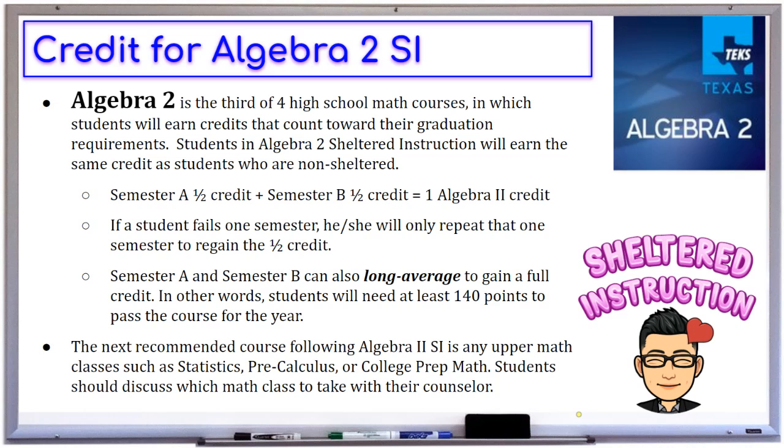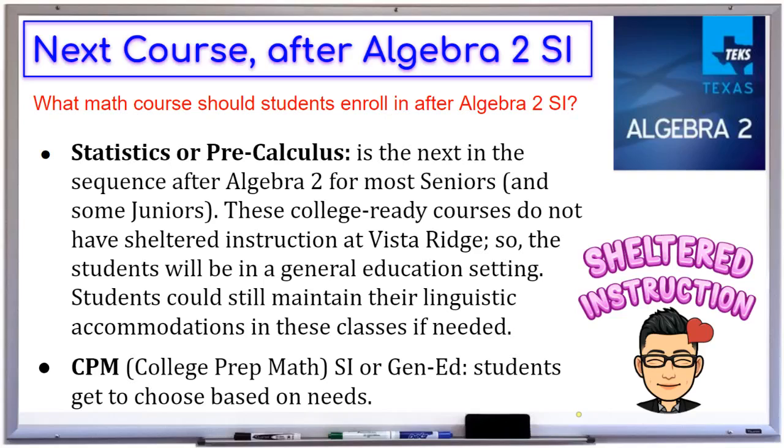The next recommended course following Algebra 2 SI is any upper math classes such as statistics, pre-calculus, or college prep math. Students should discuss which math class to take with their counselor. What math course should students enroll in after Algebra 2 SI? Statistics or pre-calculus is the next in the sequence after Algebra 2 for most seniors and some juniors.